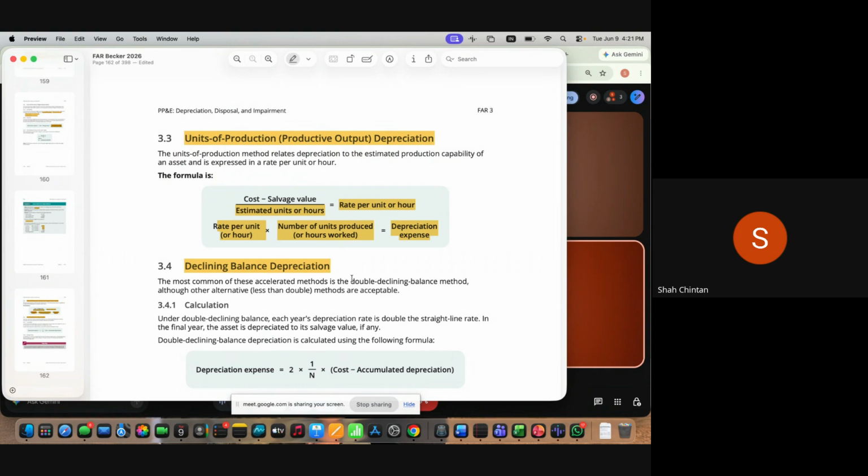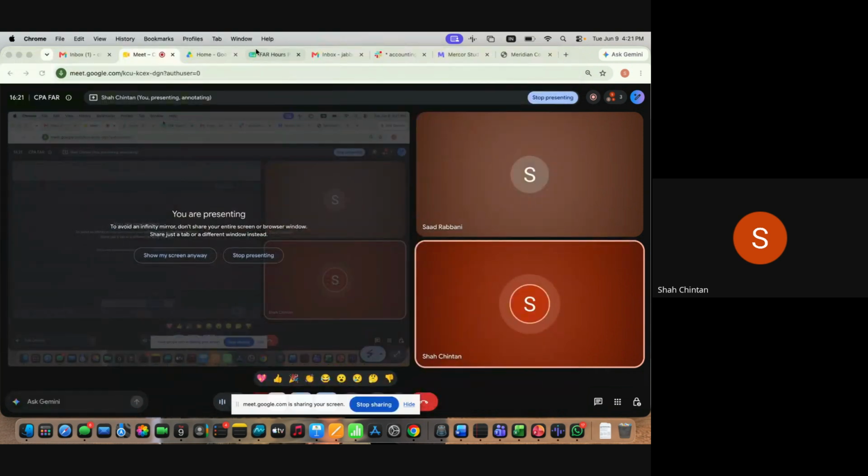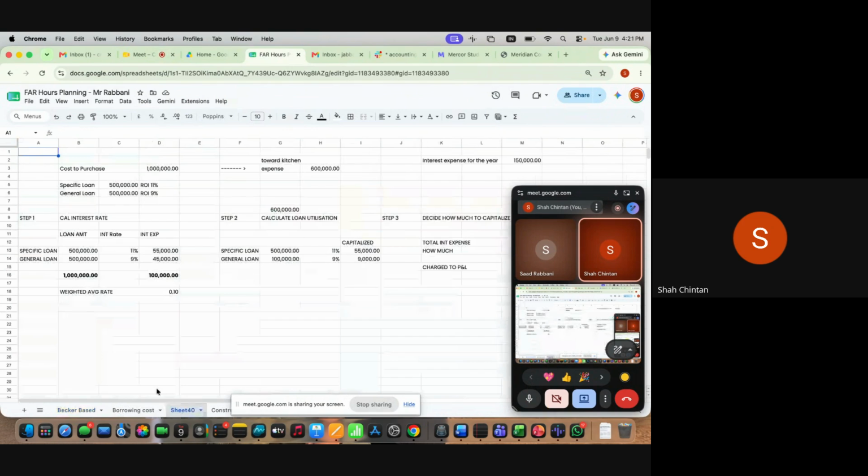So if we first calculate a basic depreciation, how it will run, just a hypothetical example. Let's say you have one fixed asset which was purchased in year 1. Let's say your cost of asset is $20,000. Let's say your rate of depreciation is 20% on declining basis. So your depreciation is $4,000. So your closing balance comes to $16,000.